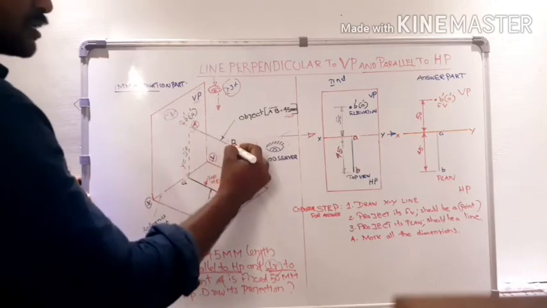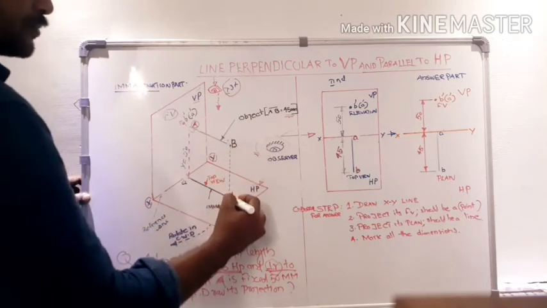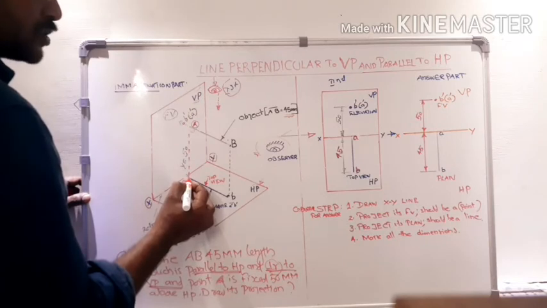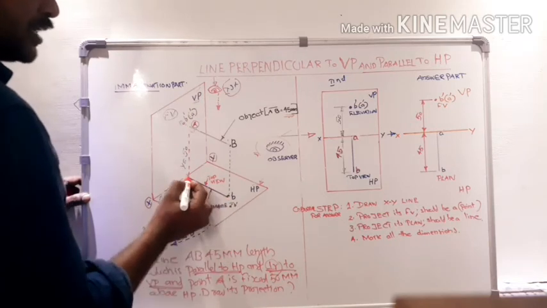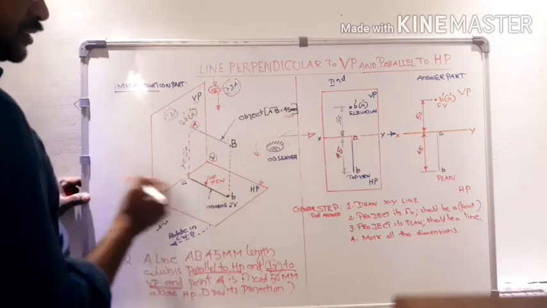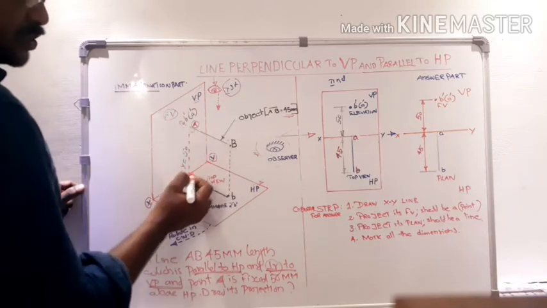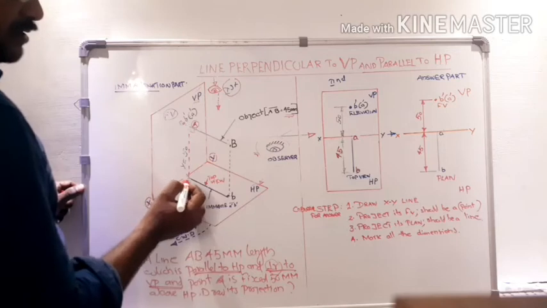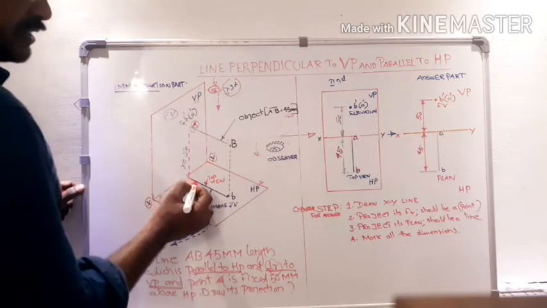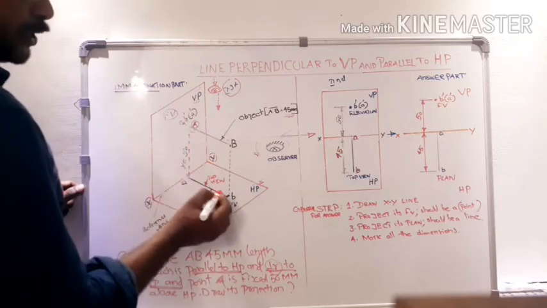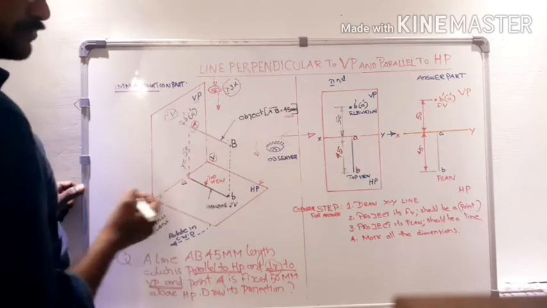Now draw the projection of point B. Now join these 2 points using a straight line. See, compared with this XY line or reference line, we can see that the line is perpendicular to VP.